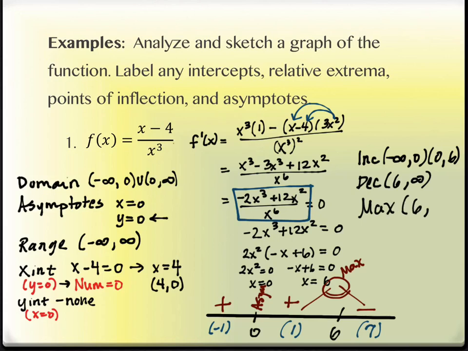And how would I find the y value, something that I don't know right now? Plug it into the original. So go back to the original function, x minus 4 over x cubed. And if you plug in 6, what will you get? It's big. I mean, it's small because the denominator is big. Yeah, and if you want to use decimals, especially since we're going to be plotting them on a graph, it's 0.009.